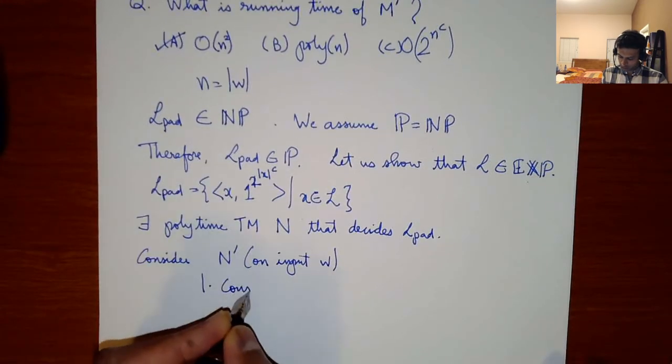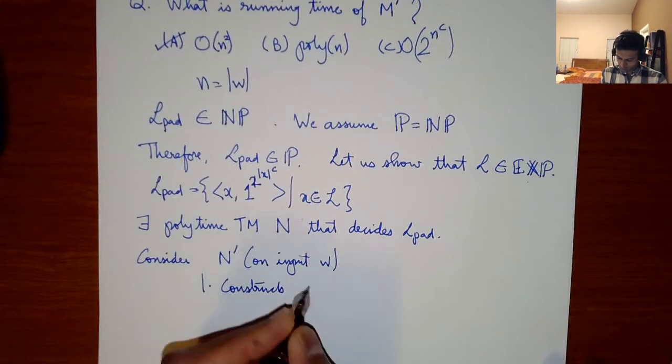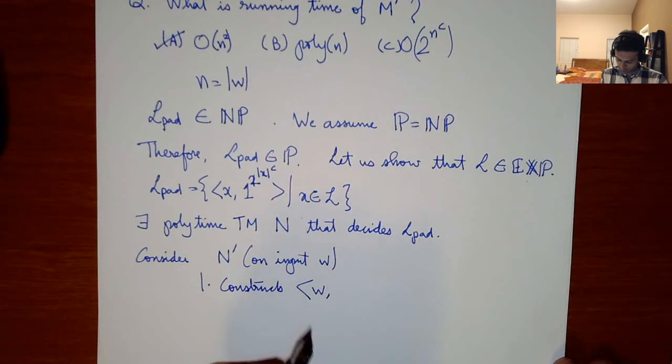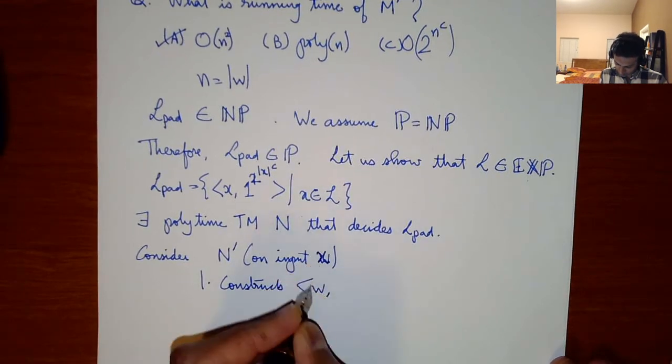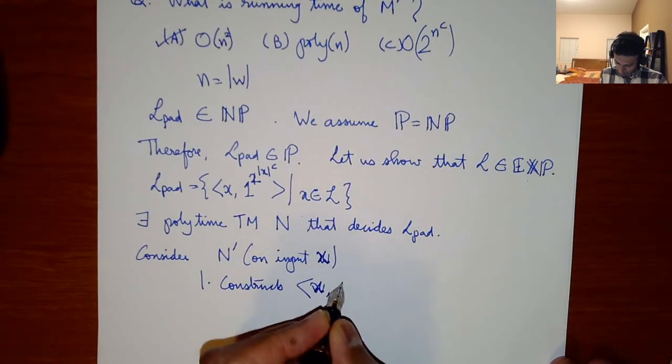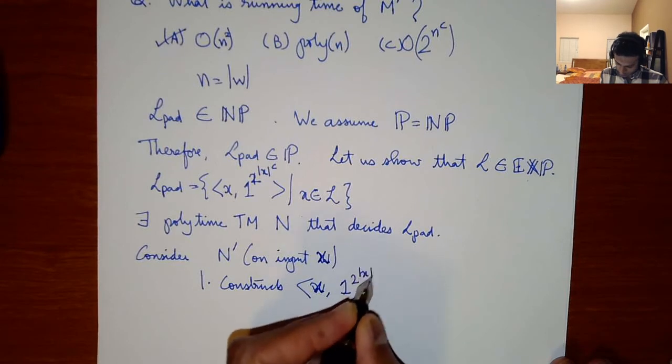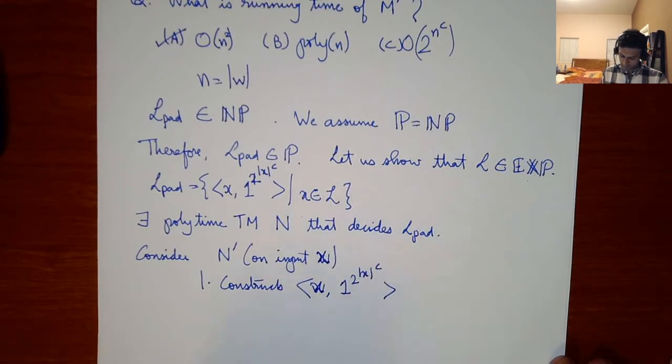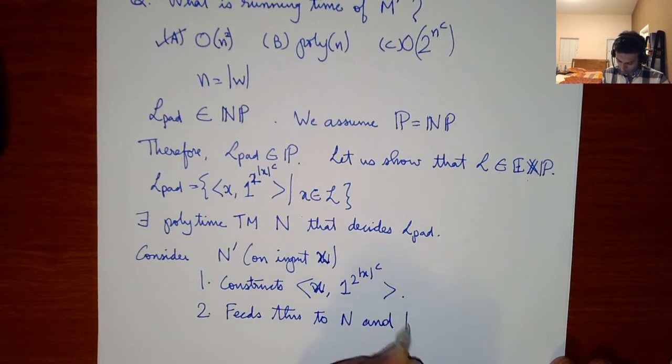It constructs, let me call this x, it constructs x, 1, 2 to the |x| to the c, and feeds this to N and follows the output.